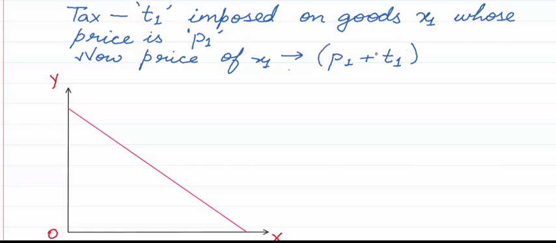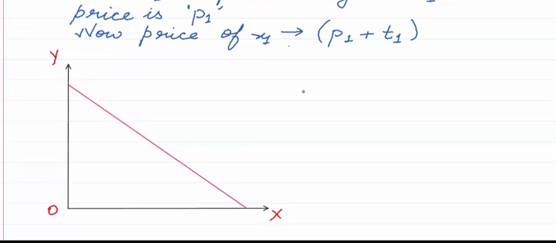This is because a tax T1 is being paid on consumption of goods X1. So relatively the price of goods X1 is increasing. If there is increase in price, as we have seen, the budget line will shift inward on that axis. So let us see how the budget line is going to change.